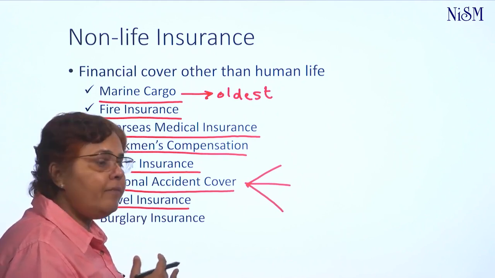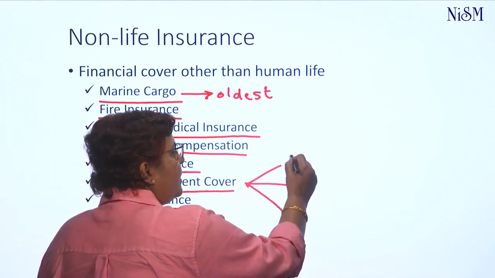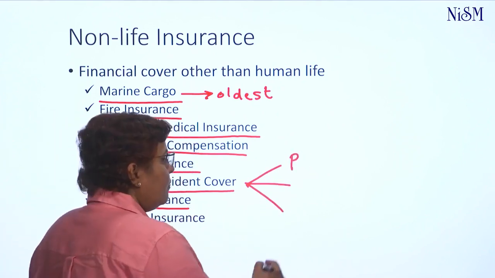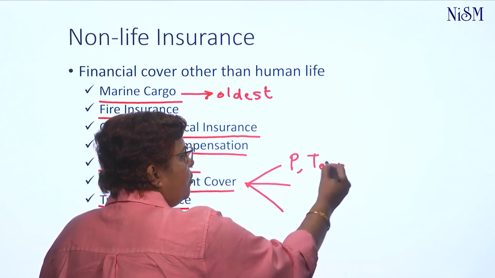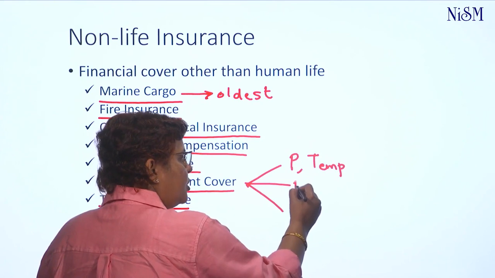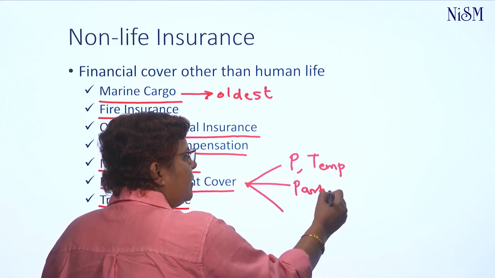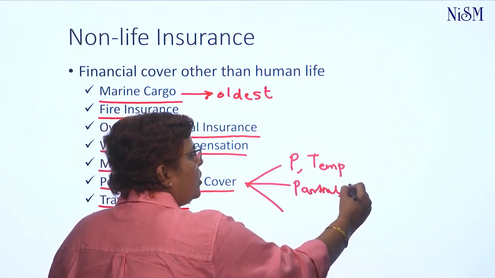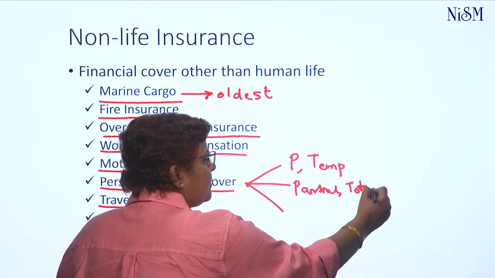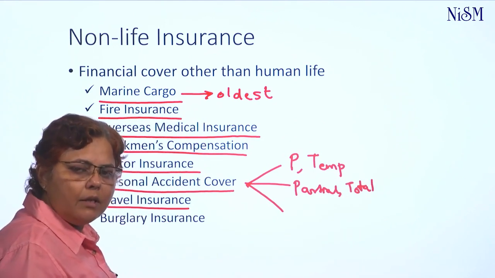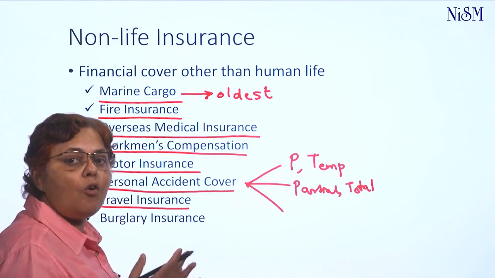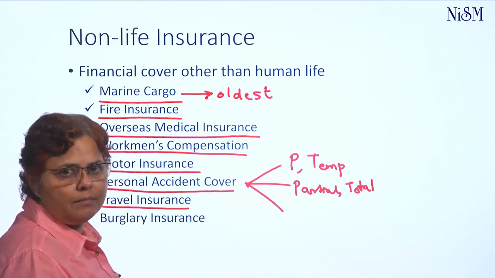The disability will be judged as permanent or temporary, and partial or total. Depending on that, the insurance company will give some compensation to the person.